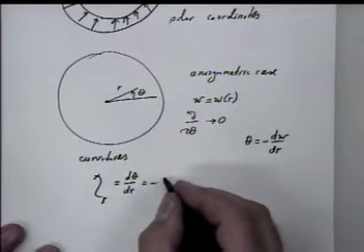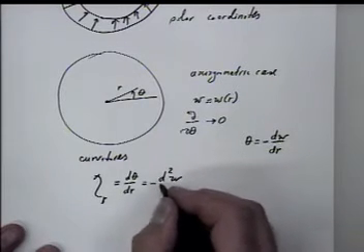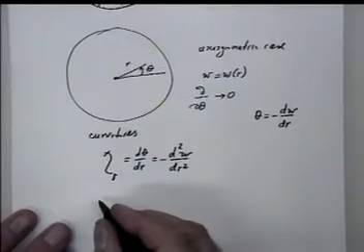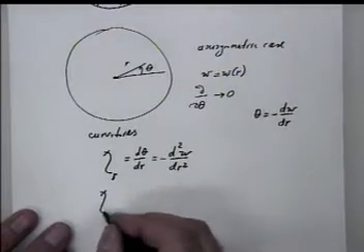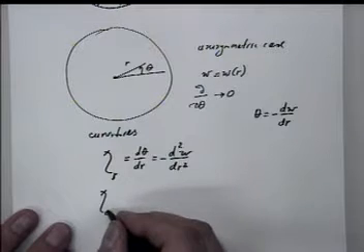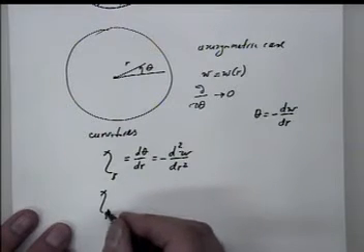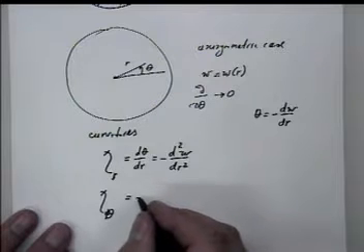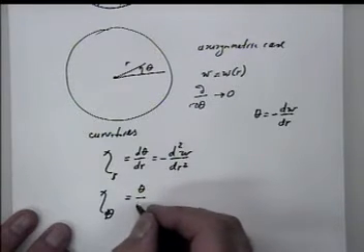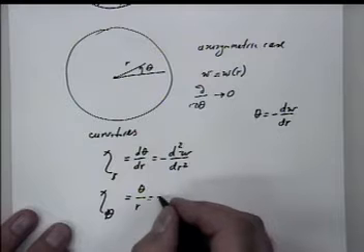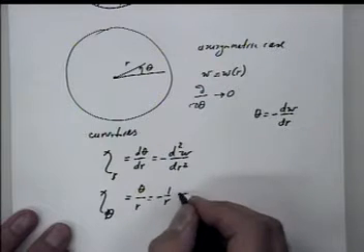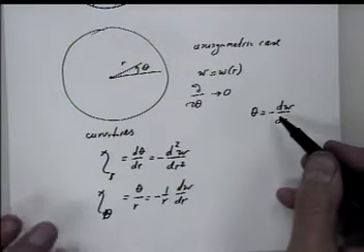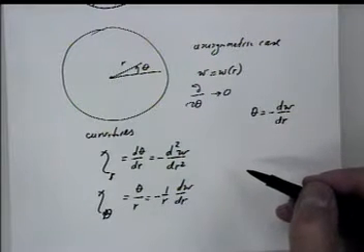So therefore, that is minus d2w dr square. And then there is actually chi theta, that is in the other direction, which equals theta divided by small r, and therefore this is 1 over r dw dr, because theta itself is minus dw dr.